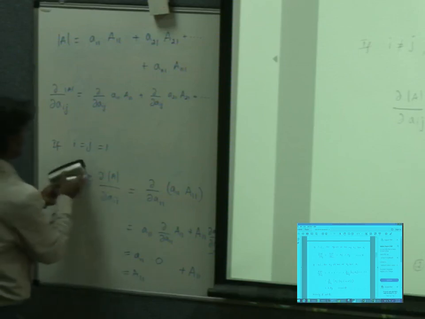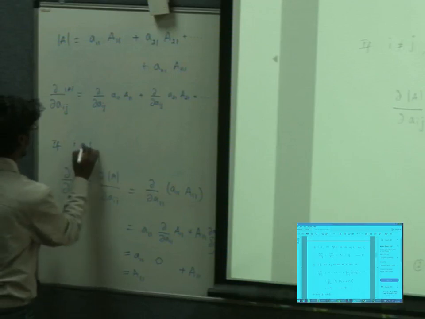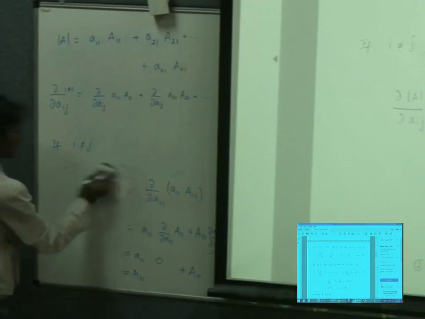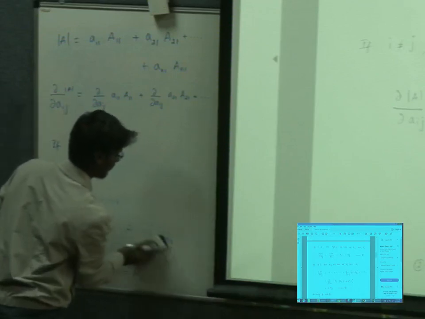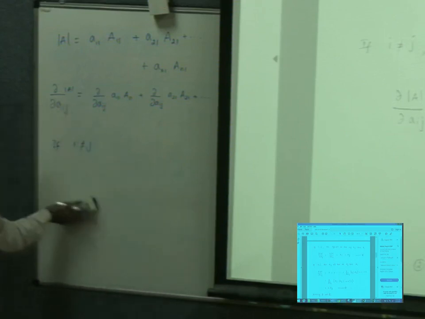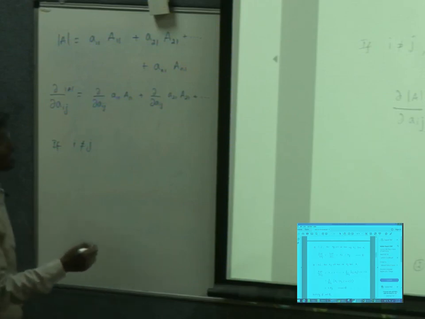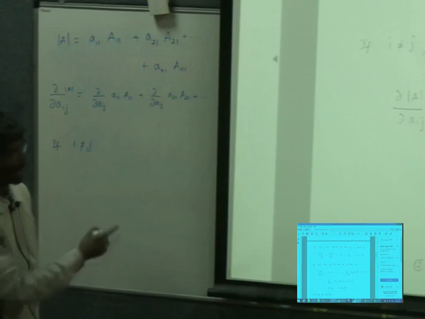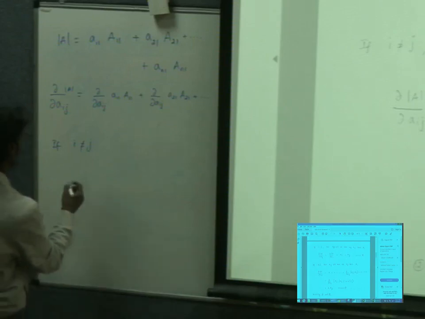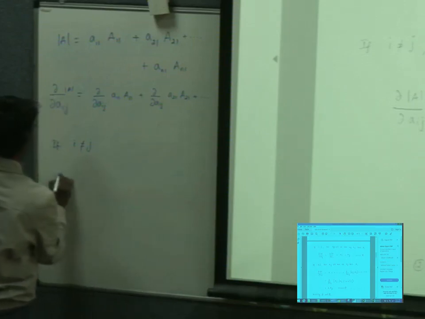What if it's not the case? Then in the cofactor term you will have that term, and how many such terms will there be? You will have only one such term. We will see.